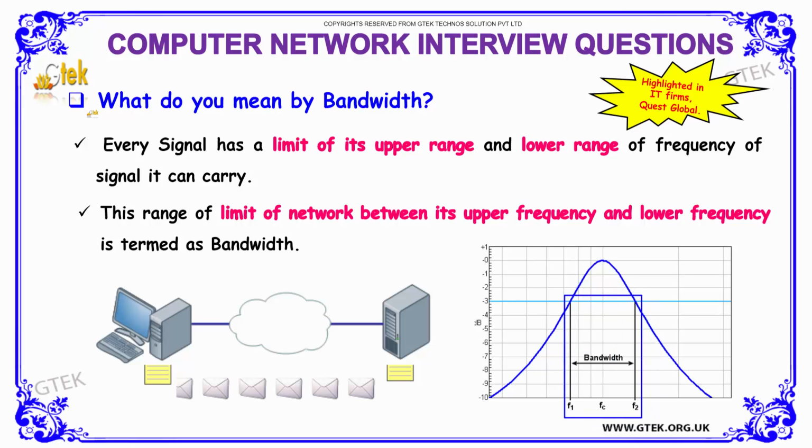So this will be the bandwidth of two frequencies. So the range of the network or the limit of the network is termed as your bandwidth. These kinds of questions are highlighted in interviews of IT firms such as Quest Global.